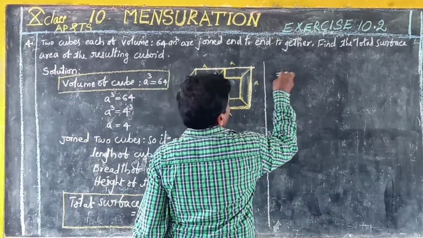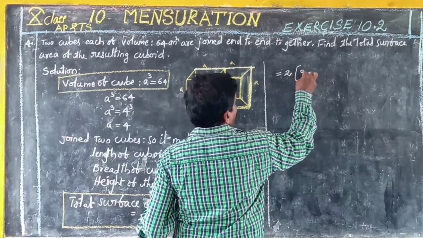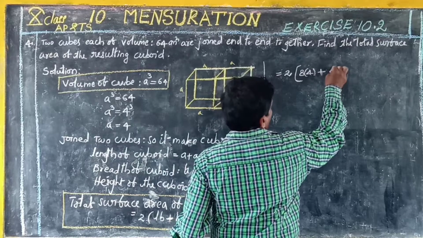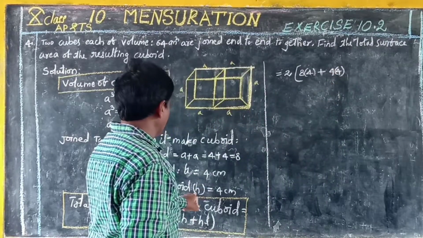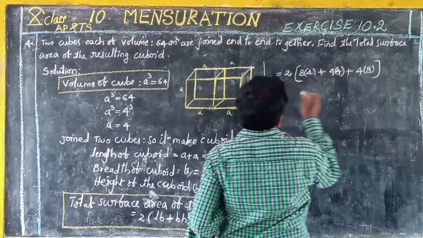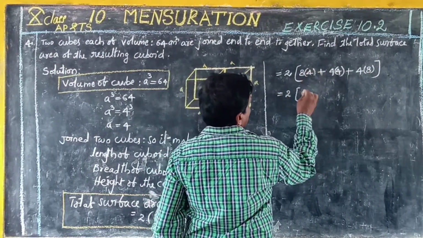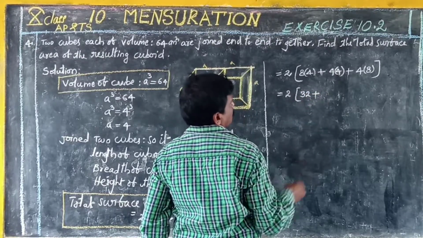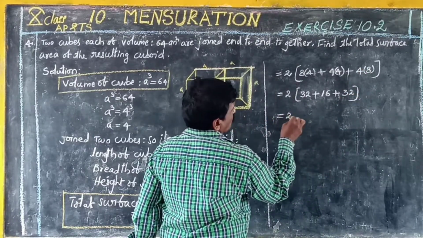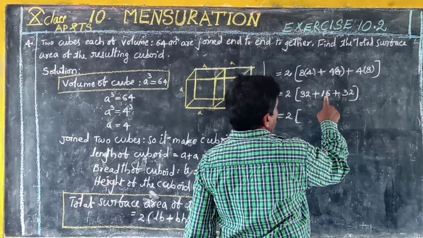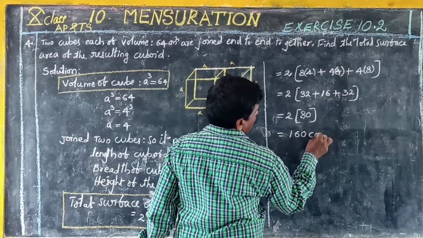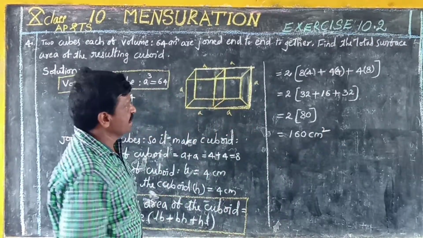So 2 into LB, 8 into 4, plus BH, 4 into 4, plus HL, 4 into 8. 2 into 32 plus 16 plus 32. 32 plus 32 is 64, 64 plus 16 is 80. 2 8s are 160 centimeter square.